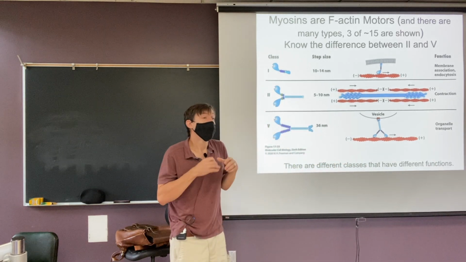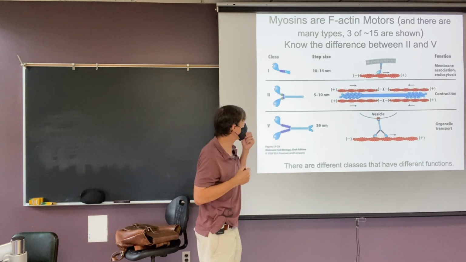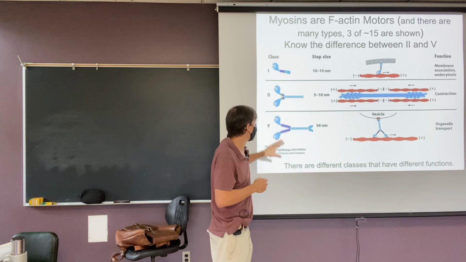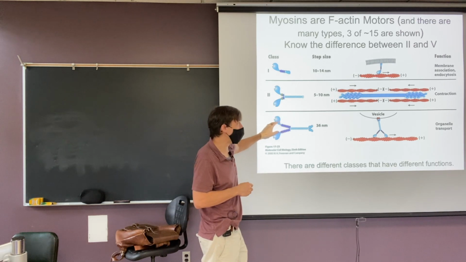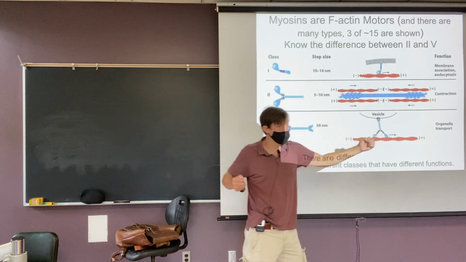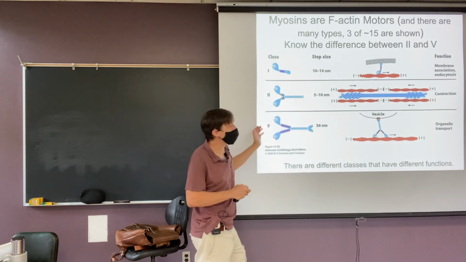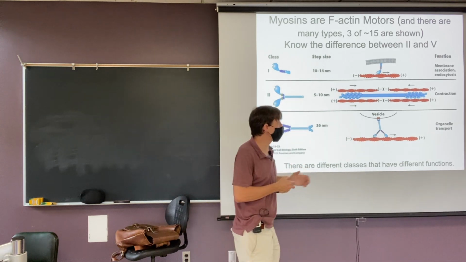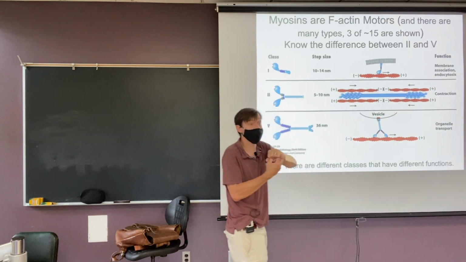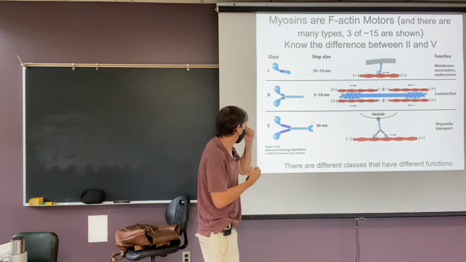And then for the point of really trying to understand the physics of how myosin works, we're going to focus in on myosin 5. Myosin 2 is usually used to generate large forces. Myosin 5 more often than not is used to transport vesicles or to cause vesicles to dock in certain locations.